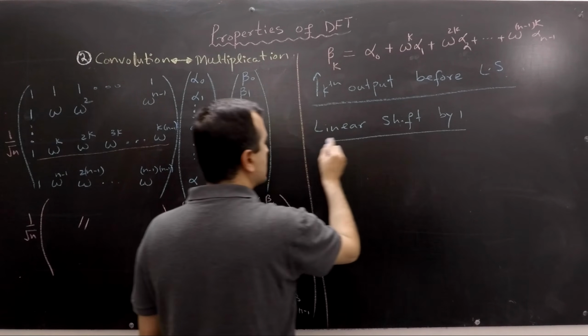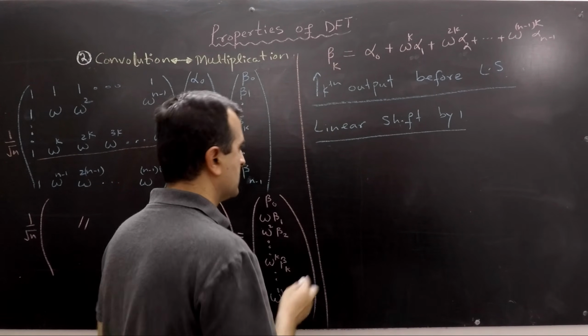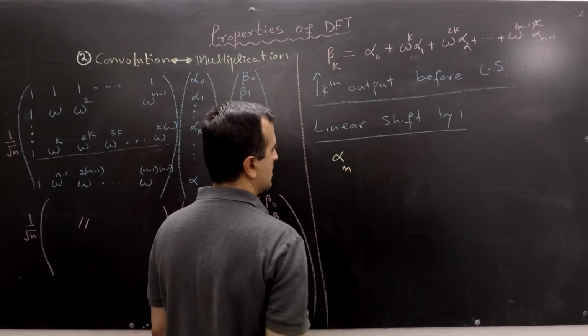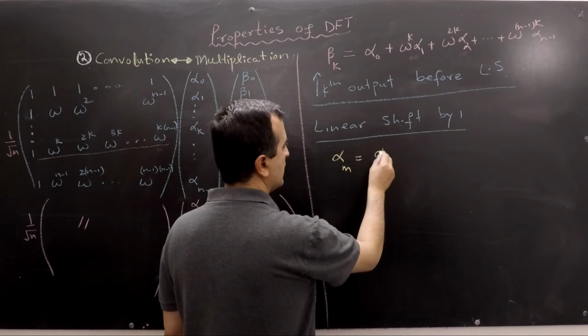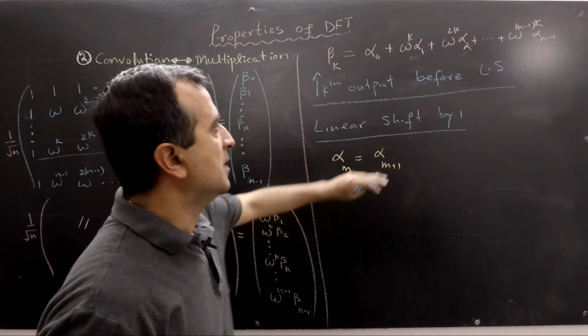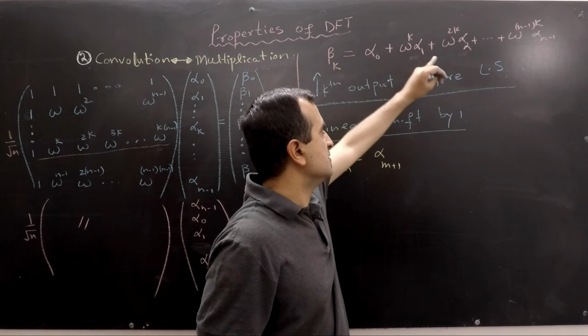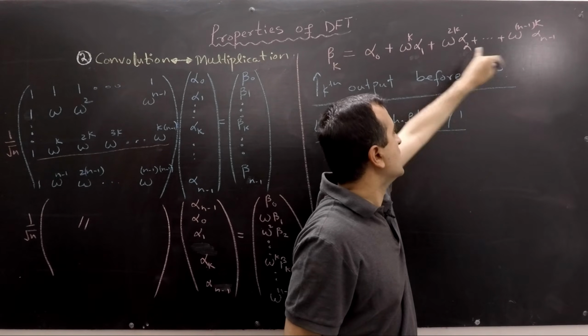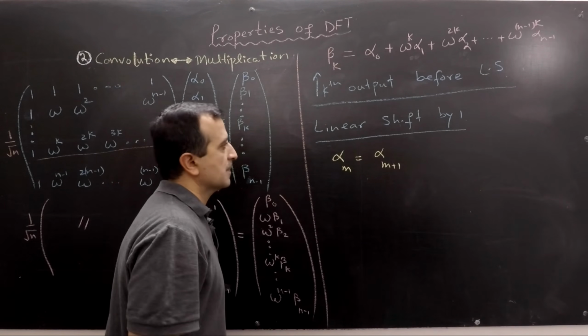So linear shift implies that alpha m will be equal to alpha m plus 1, because my alpha 0 is going to replace alpha 1, my alpha 1 is going to replace alpha 2, and so on and so forth.